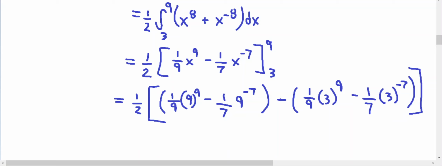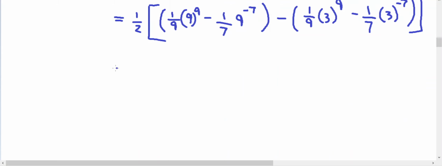Okay, so some of this reduces down. Notice here that 1 divided by 9 times 9 to the 9 is basically 9 to the 9 over 9. So this reduces the exponent there. So the first term here would be 9 to the 8th. And we really can't simplify this by much, so we'll leave that as 1 over 7 times 9 to the 7th.